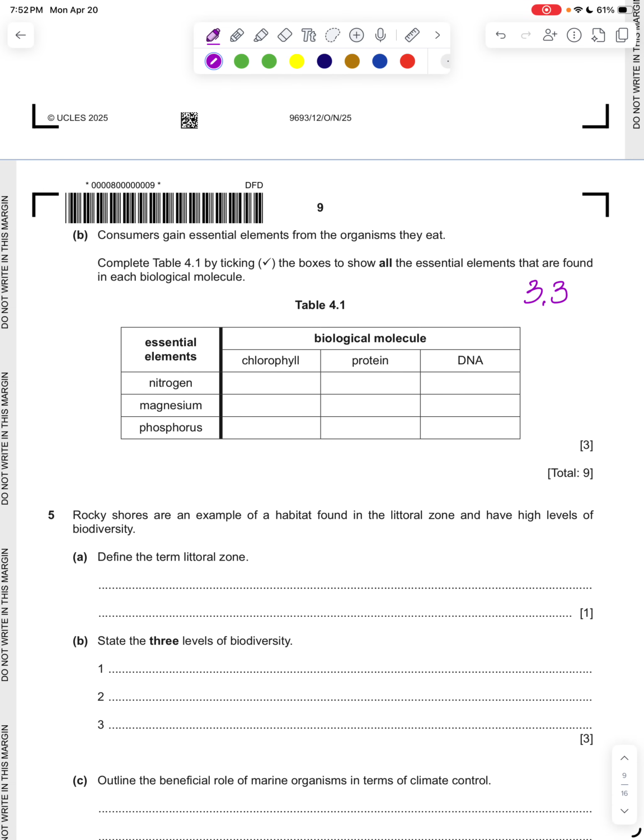This is section 3.3. On the syllabus, it does say identify biological uses for our essential elements: nitrogen, magnesium, phosphorus. Another one is calcium. And then, of course, carbon.